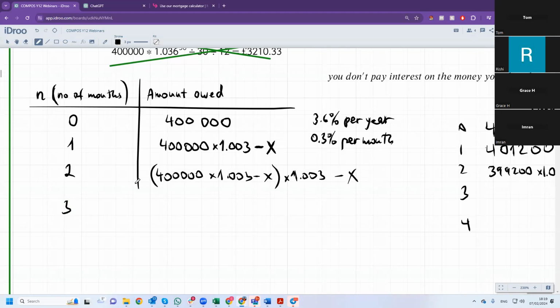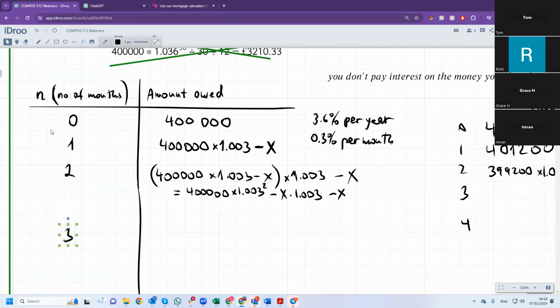After 3 months, you take the whole thing. Well, you can simplify this. This is going to be 400,000 times 1.003 squared minus x times 1.003 minus x.